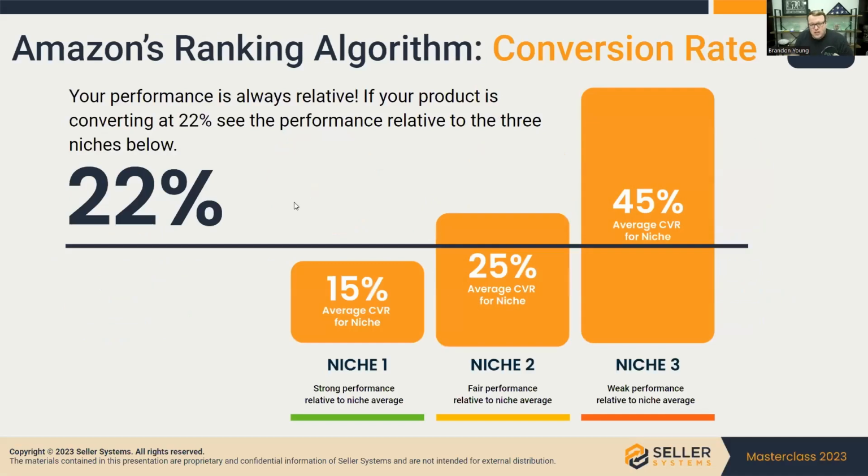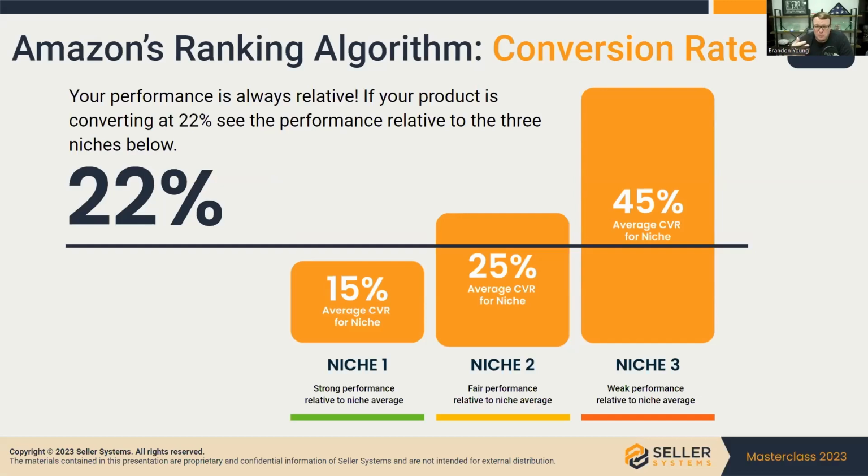Now, we always get the question around what is a good conversion rate? The reality is that it really depends on the niche. There are very straightforward products where the average conversion rate for the top sellers is 45% or higher. This is going to be something like a $5, $6, $8, $10 product where there's not much differentiation in the design.